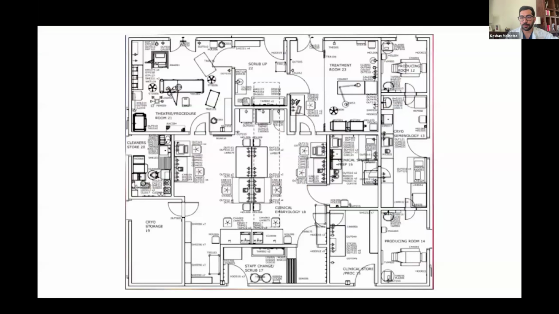This is a flow diagram or an interior blueprint of an IVF clinic. And this also has evolved with time, because if you notice early on, when IVF really started, I'm sure all of you have seen the movie Joy, and you've had certain insights into how IVF labs looked when IVF originated.